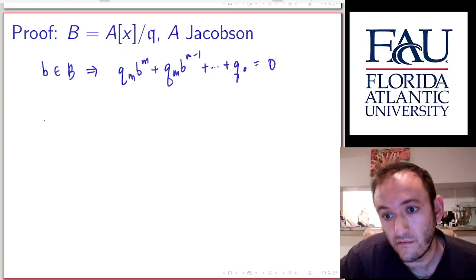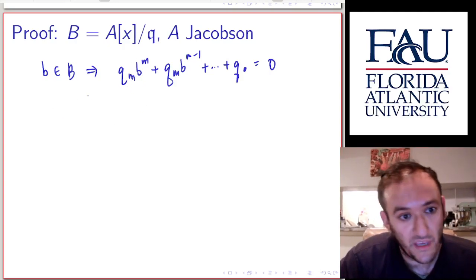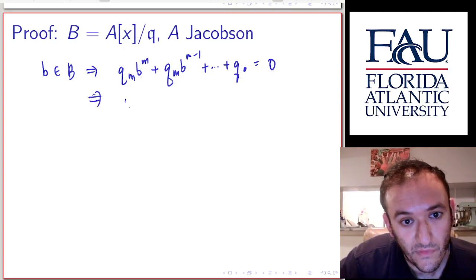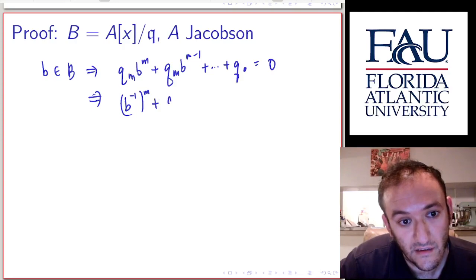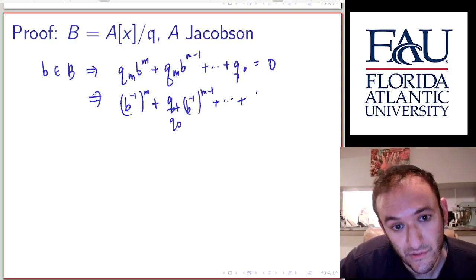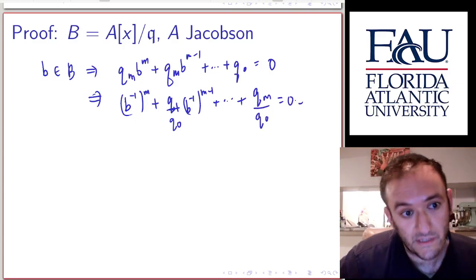Well, if we adjoin Q0 and then we divide by a high enough power of B, what we'll get here is B inverse to the m plus Q1 over Q0 B inverse to the m minus 1 plus down to Qm over Q0 equals 0.